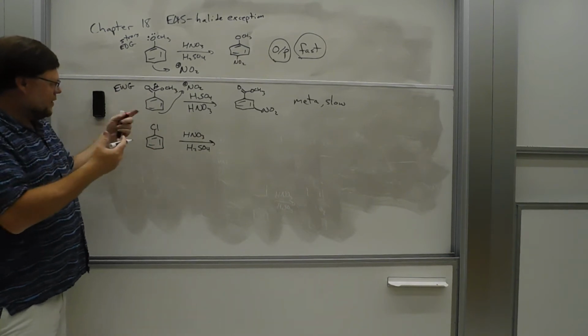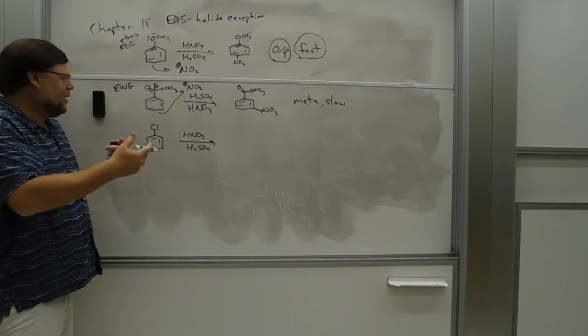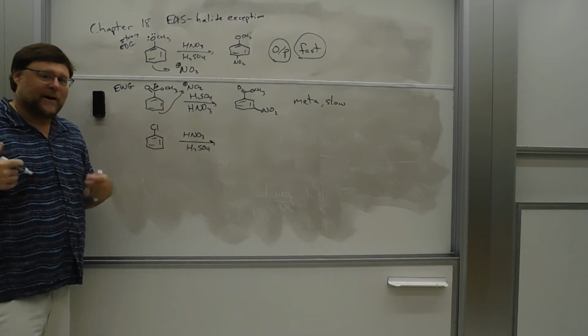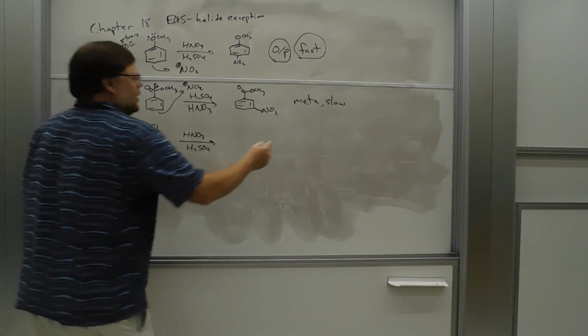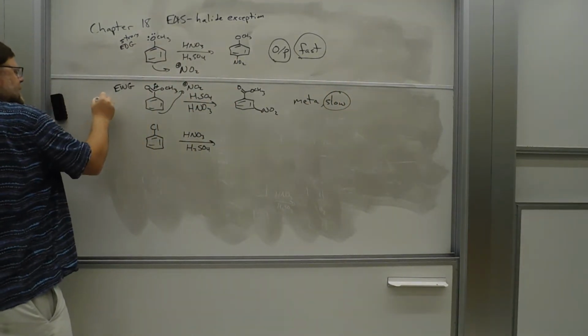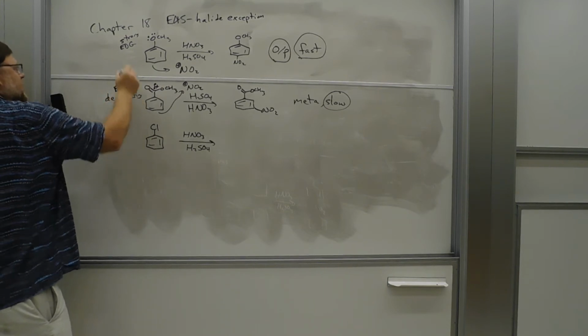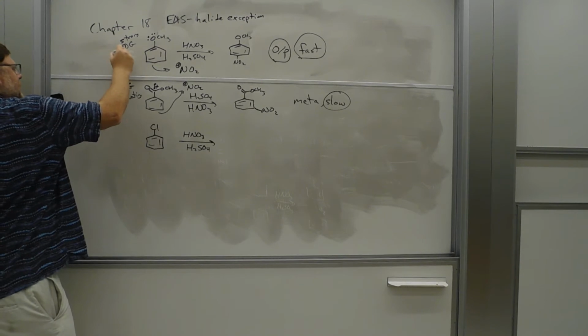So the benzene is a nucleophile, and if you pull electrons away from that nucleophile, it's not as good a nucleophile. And so the reaction is slow. We'd say the electron withdrawing group is deactivating, just as we'd say an electron donating group is activating.